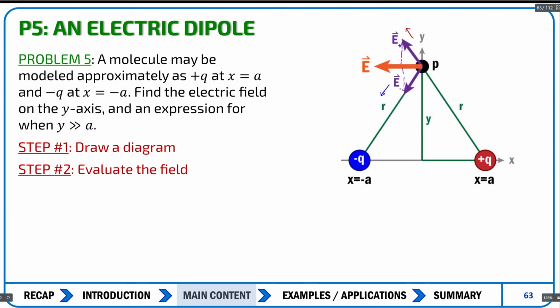We can say that by symmetry, only the x component remains, so only the negative x direction remains, and dE y cancels out.